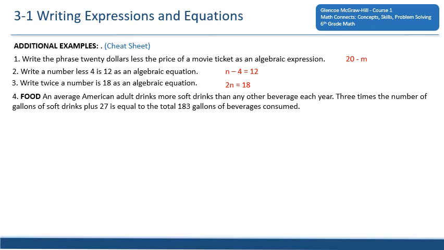So let's figure out first, we know we're going to have an equation because it says is equal, so we know that's going to be an equal sign. 3 times, we know there's going to be multiplication, so 3 times the number, or 3 times n, so 3n, plus 27. So we're going to have 3n plus 27 is equal to 183.